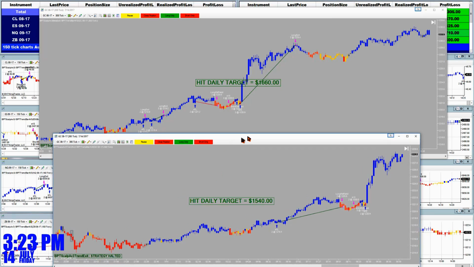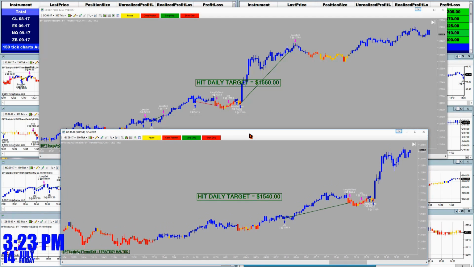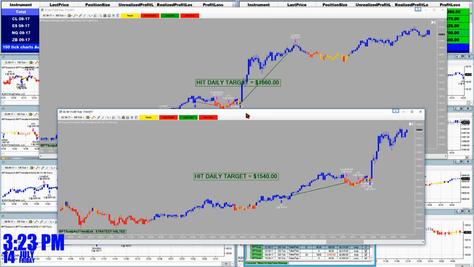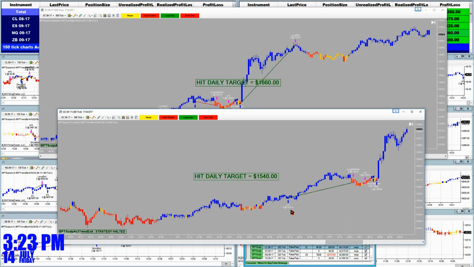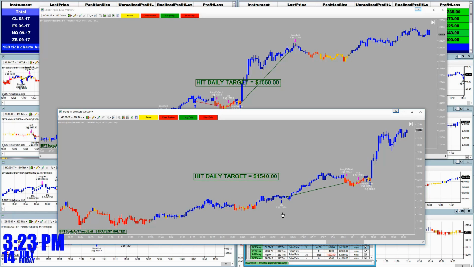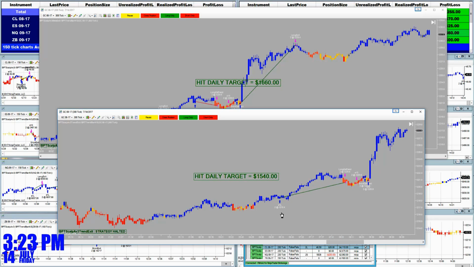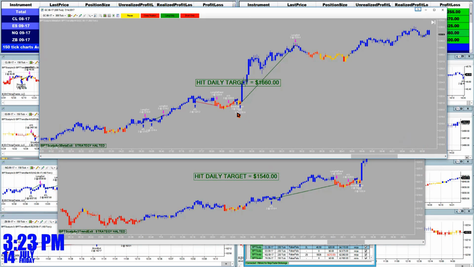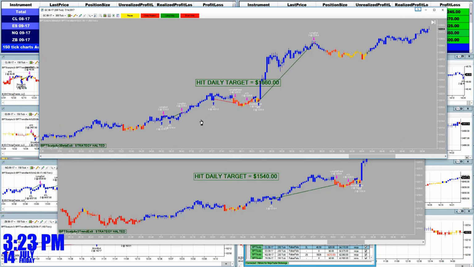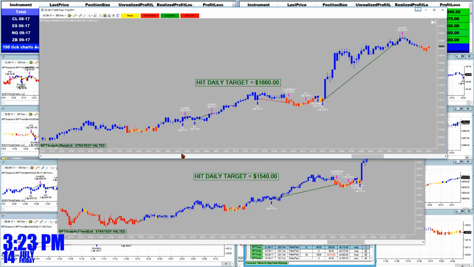This is the same auto trade, and we can see on the swing trading we started at around 12.18, and here's your 12.18.